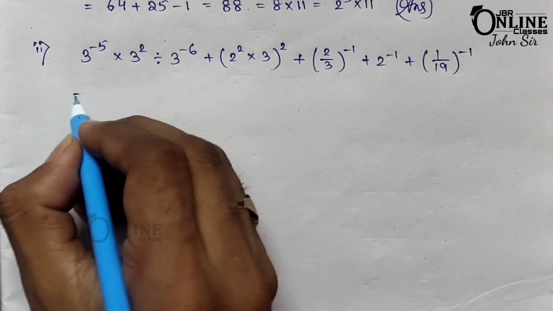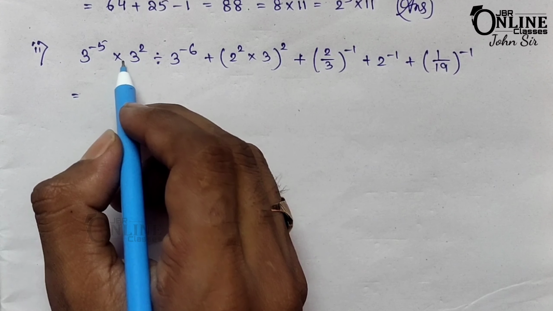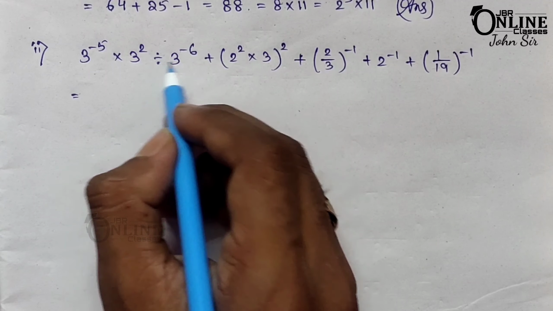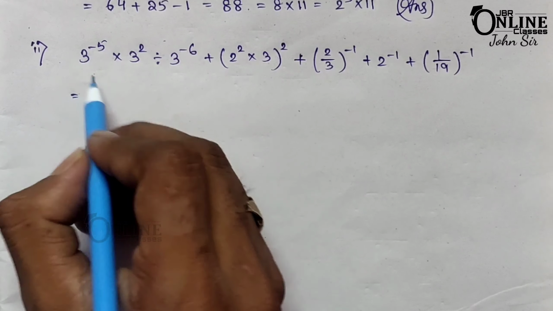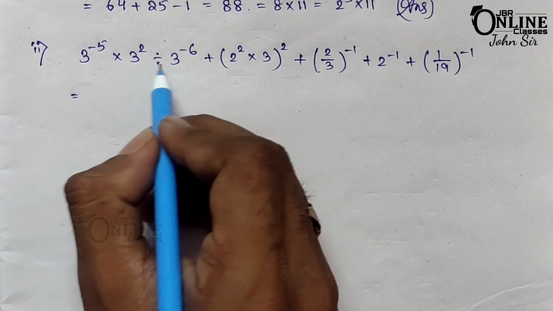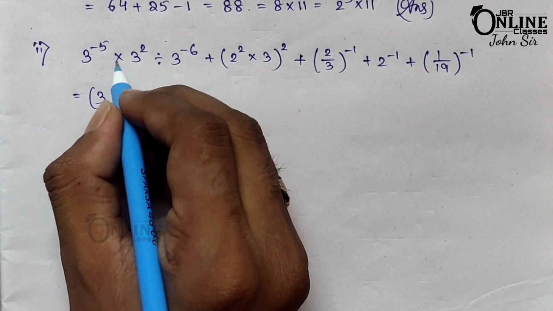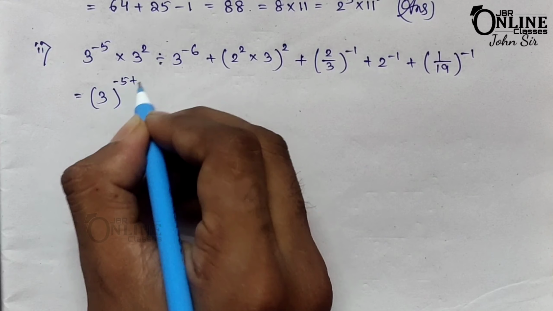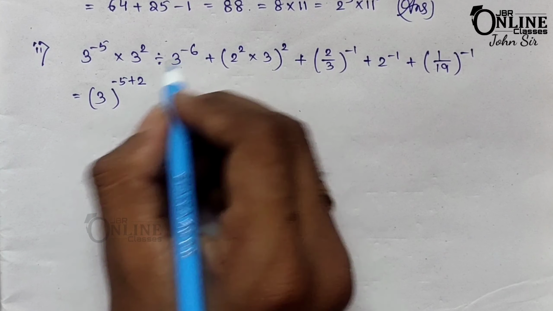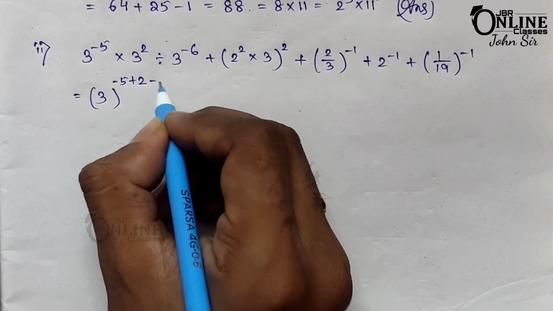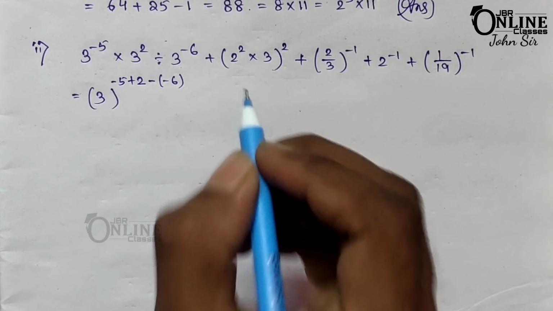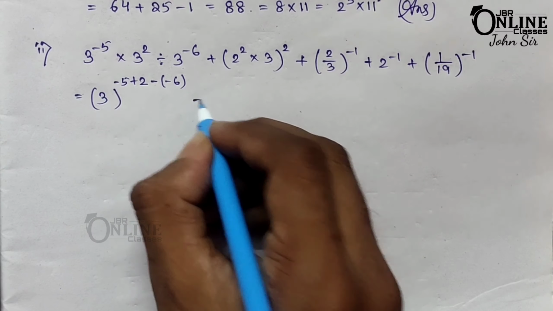Now the second one. Okay, so 3 to the power minus 5 into 3 square divided by 3 to the power minus 6. So here all the numbers have base 3. So first write down 3, and as here it is multiplication, that means minus 5 plus 2 in addition, and here division, so here minus into minus 6. Now the next one.